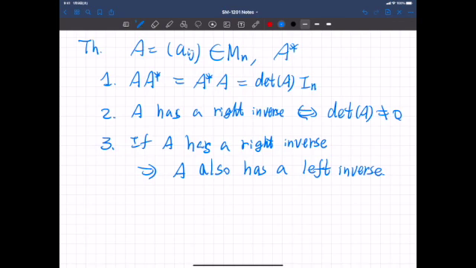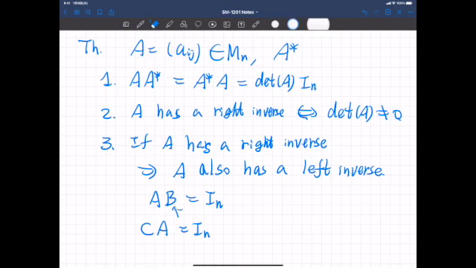Remember, A's right inverse means some matrix B such that if you multiply A by B from the right, it becomes the identity matrix. So this B is the right inverse. And the left inverse is, let's say C is the left inverse here, then CA should be equal to the identity matrix.